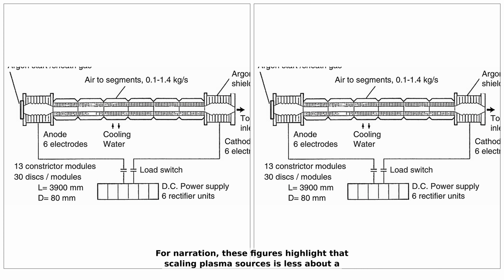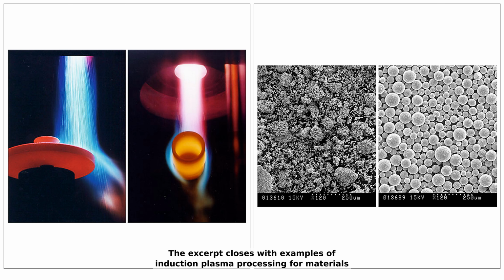For narration, these figures highlight that scaling plasma sources is less about a single component and more about coordinated electrical, thermal, and fluid design. The excerpt closes with examples of induction plasma processing for materials refinement. Figure 46 shows plasma deposition of refractory metal coatings on an X-ray target and on cylindrical substrates.